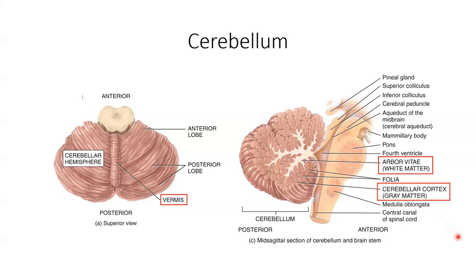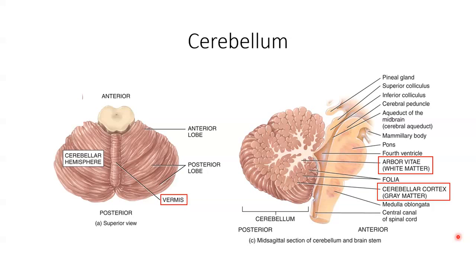Now, the primary function of the cerebellum is to evaluate how well movements initiated by motor areas of the cerebrum are actually being carried out. So it's a bit of a feedback system. And when movements initiated by the cerebrum are not being carried out correctly, the cerebellum detects these discrepancies.